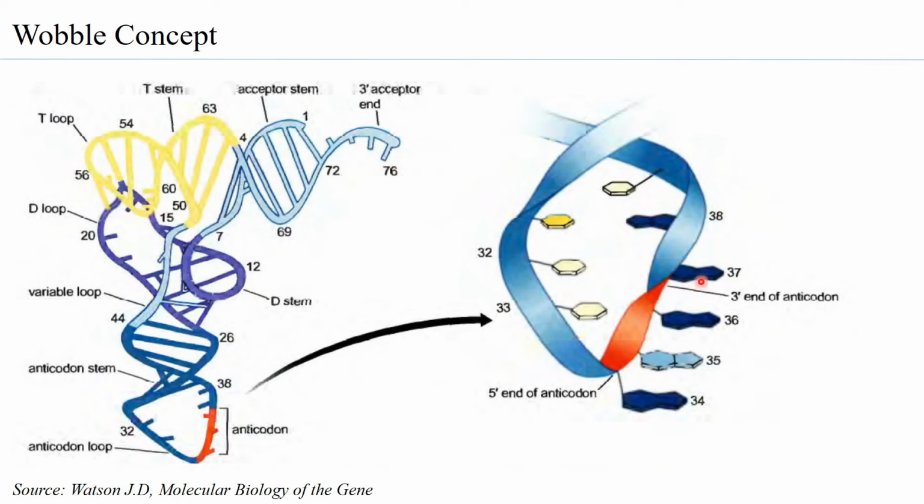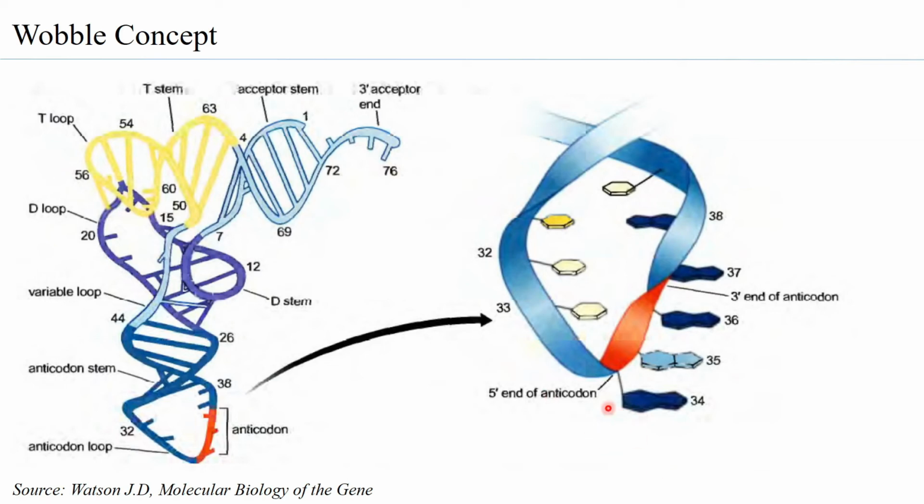So if you consider the 3' nucleotide of the anticodon, then it is stacked between the 37th nucleotide and the 35th nucleotide. So this does not have spatial, that is space-wise, much flexibility. But when you look at the 5' end nucleotide of the anticodon, this does not have stacking at this end.